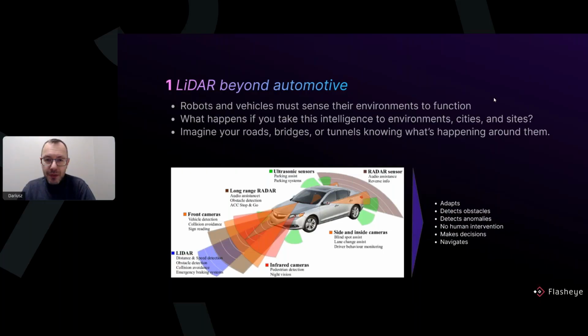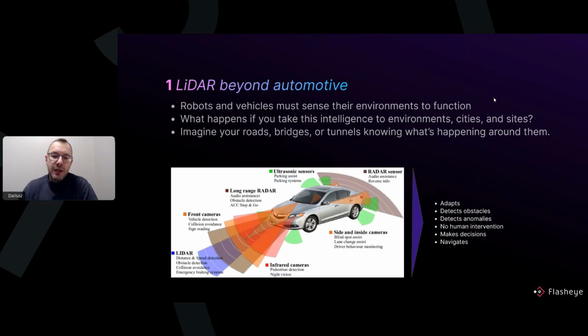I believe the majority of us are aware of the new technology in vehicles right now, in all the cars around, which are equipped with different kinds of radars, LiDARs, cameras, and so on, which are great for obstacle detection, detecting anomalies, and all the ADAS systems.